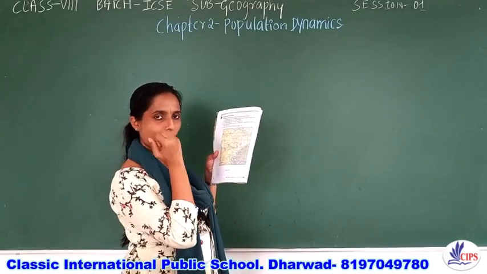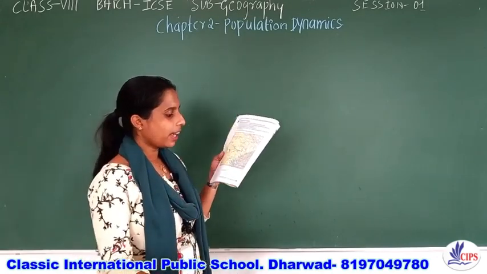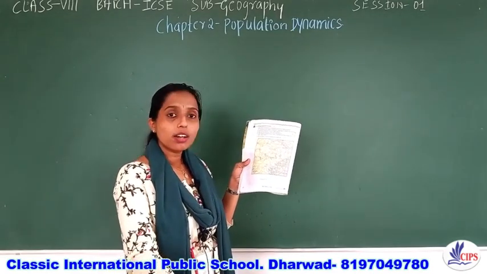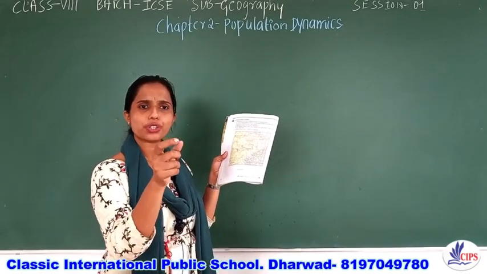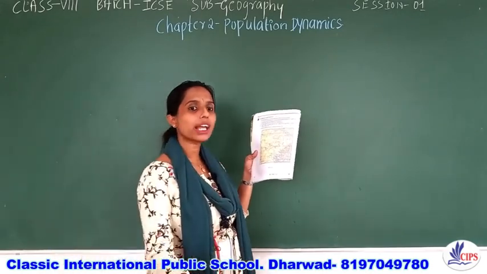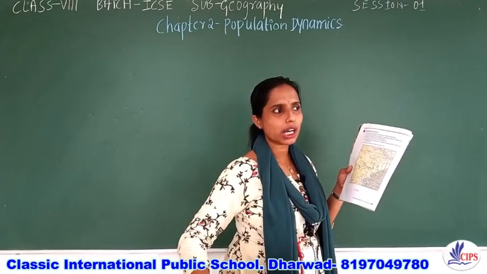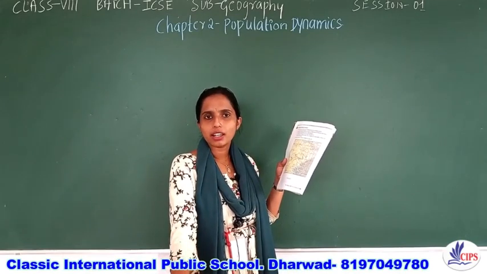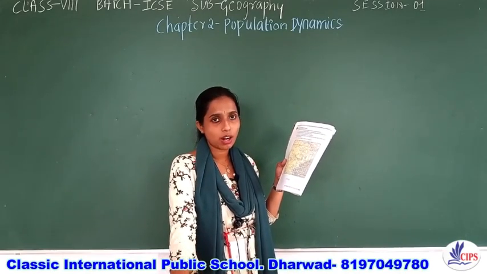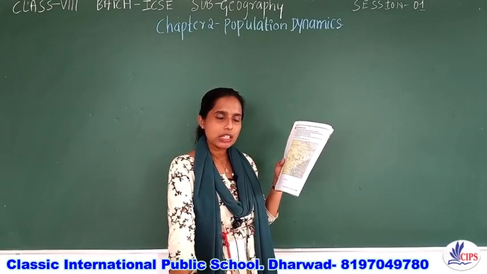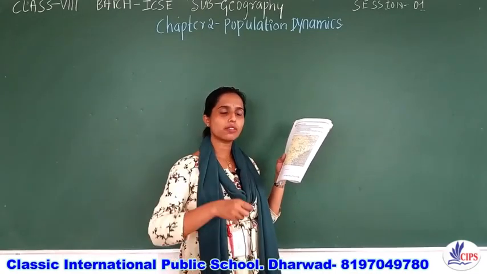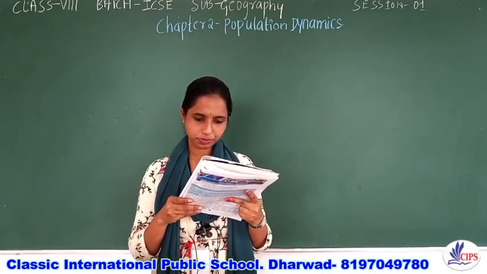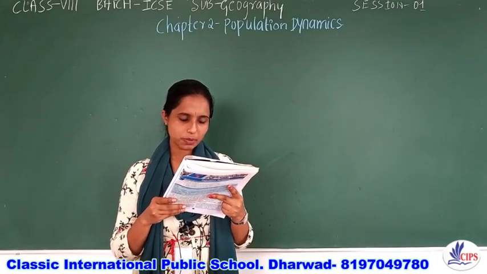Particularly in the southeastern part, in grid A, in square A, contour lines are very close to each other, very narrow. What do those contour lines indicate? The contour lines are very close to each other. It indicates that it might be a hill or a mountain, because in a hill or mountain the contour lines are very close to each other. So what else has been given?